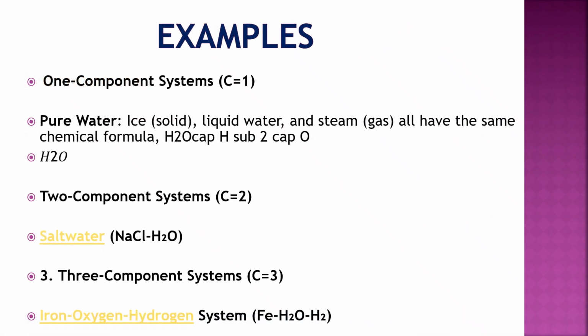An example of a one component system is pure water, and an example of a two component system is salt water, or sodium chloride and water. An example of a three component system is a system with a combination of iron, water and hydrogen.